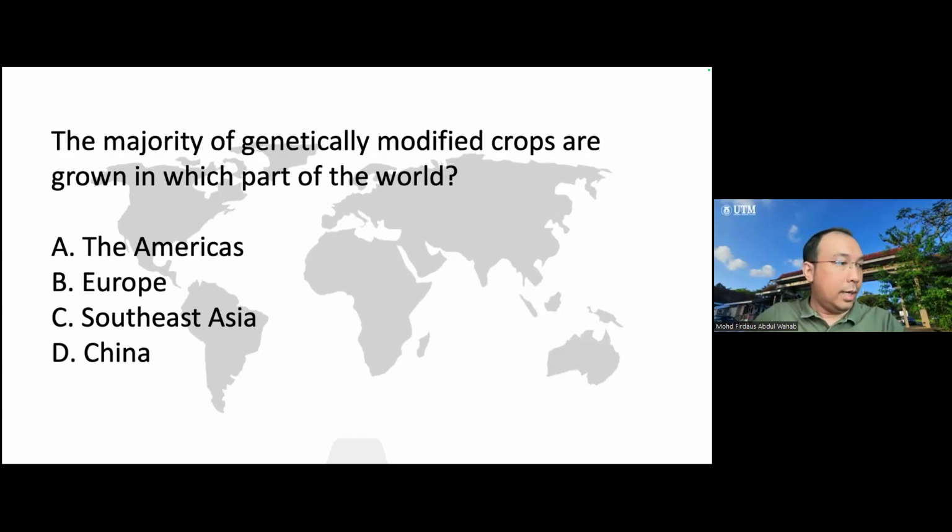So in Asia we do have genetically modified crops, particularly in India and China, and also Africa, but to a much lesser extent compared to the Americas. So in Europe, because of the stricter regulation, in Indonesia or in Malaysia, we have GM crops being cultivated.